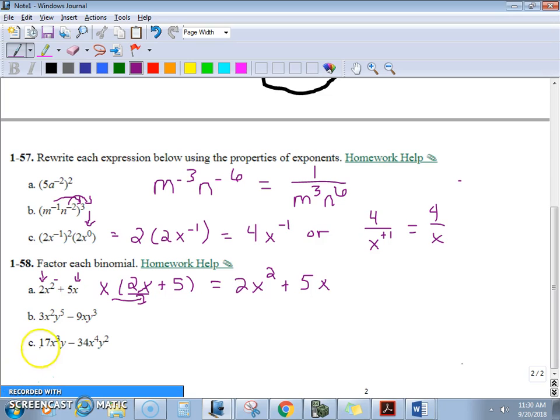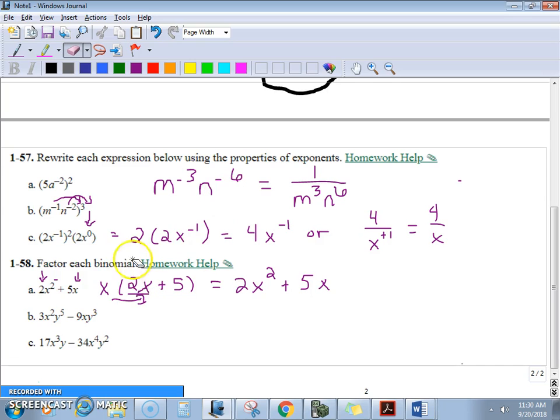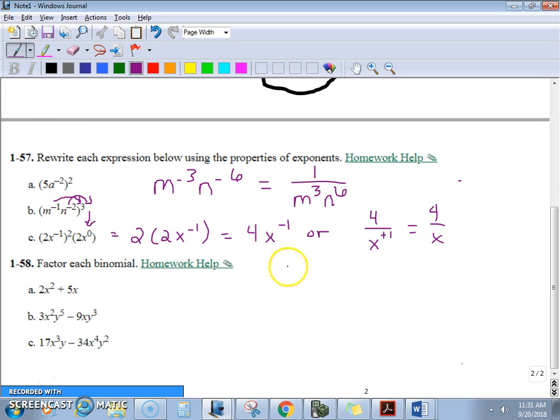All right, next one, factoring. I have a bunch of stuff. I am going to do this the long way, since we have the time and I don't have to repeat it since we're recording it. What I mean by long way is if I take 3x squared times y to the 5th, I'm going to expand it. That really means 3 times x times x times y times y times y times y times y.